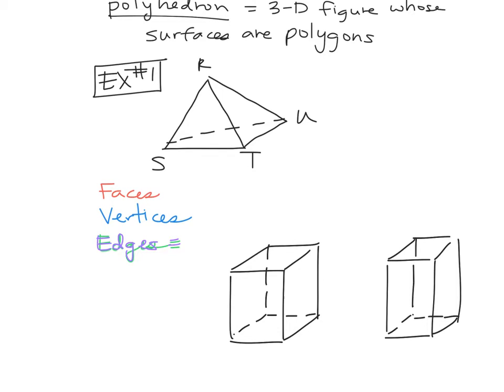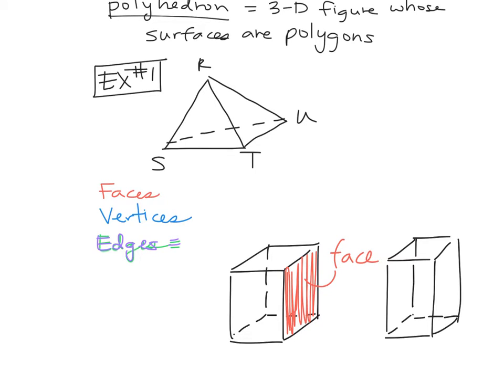Okay, so faces, edges, and vertices. Your faces are the polygons. So, for instance, this rectangle here is a face. Okay, so your faces are all the polygons. So how many faces do you see in that rectangular prism?